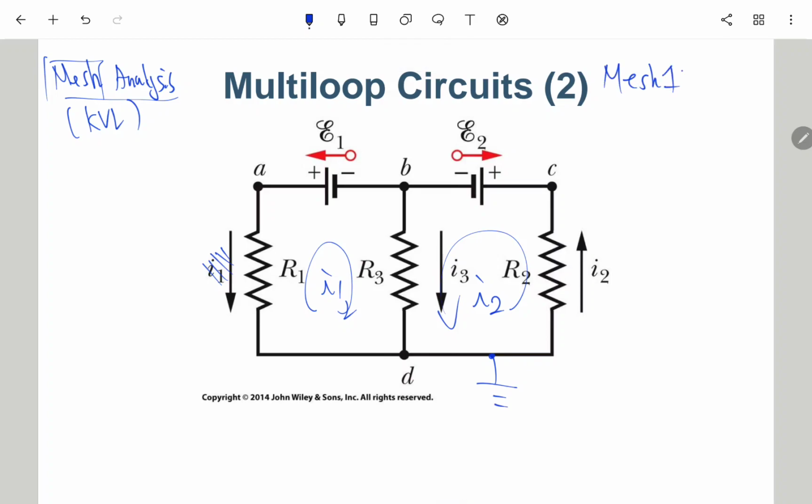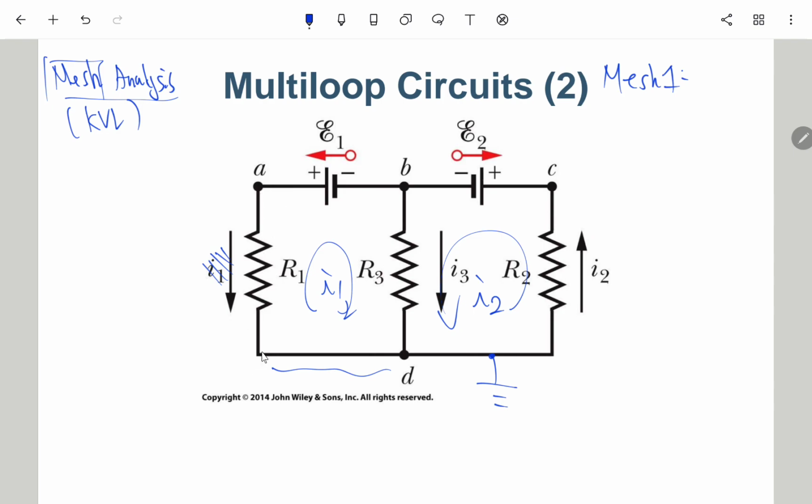Mesh 1, which is this mesh. Let's say we start from this point, considered the beginning point, and go in this direction.